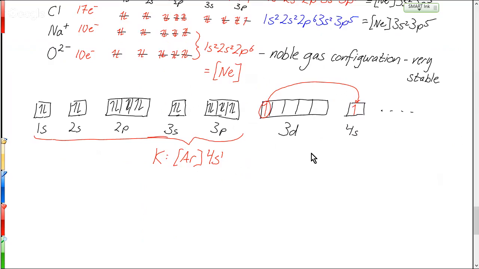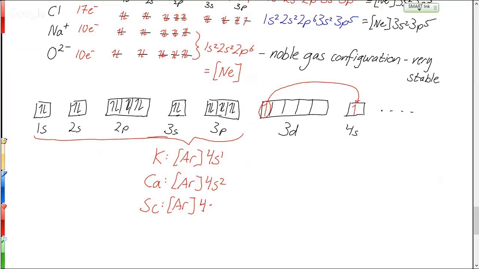And in fact, this happens for 2 electrons, both potassium and calcium. And it's not until we get to the third one in that row, scandium, that we start to fill up the 3d.